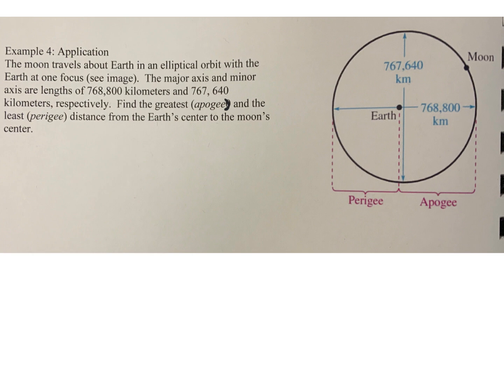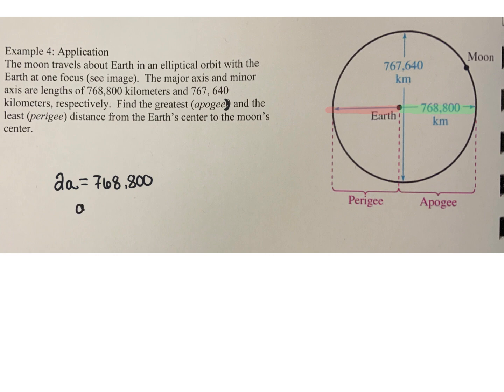Let me color it for you. Just use green. They want this length, which is not exactly half, and they want this length right here. So we can say that 2a, the length of the major axis, is the 768,800.